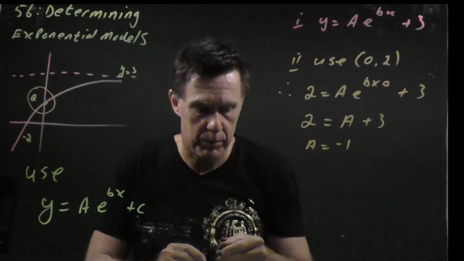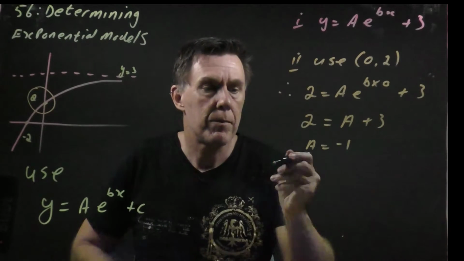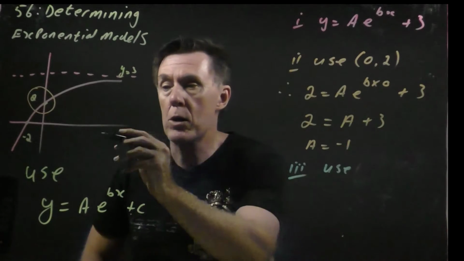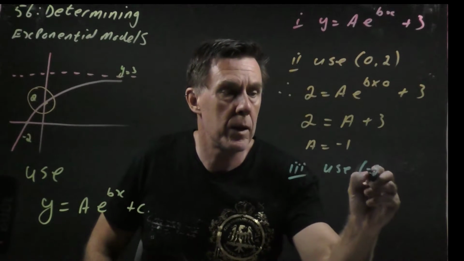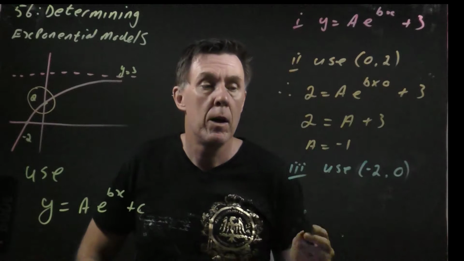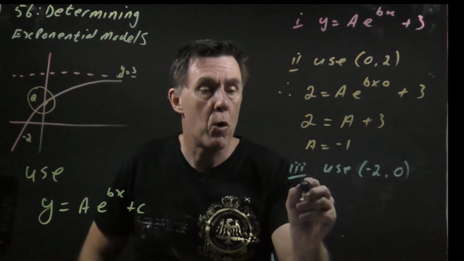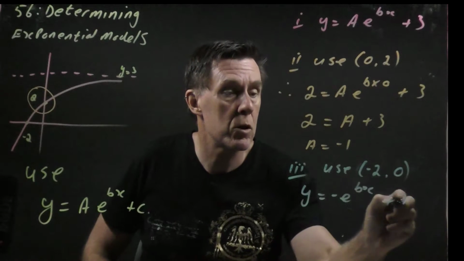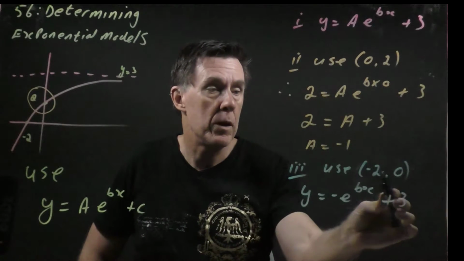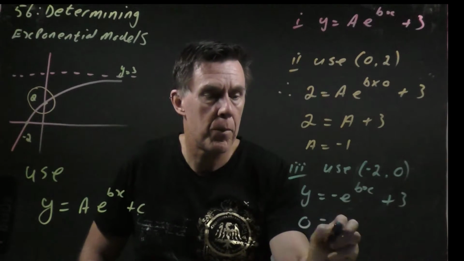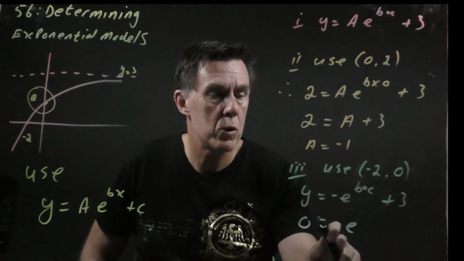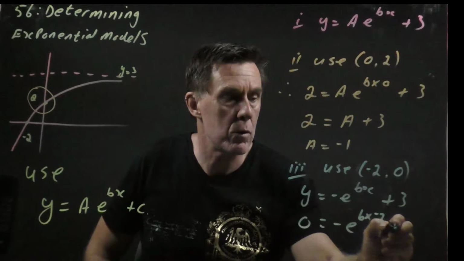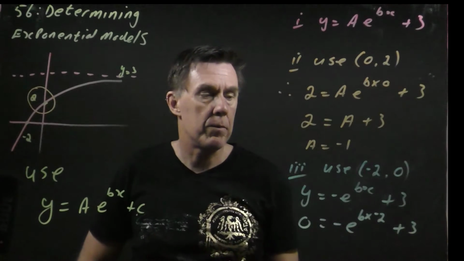That's very important. Now, next thing we need to do, we use our last bit of information. We're going to use this last bit, which is the point -2, 0. Substitute that into what we already know. We already know y is equal to -e to the bx plus 3. Let's substitute it in. Y value is 0. -e to the b, we don't know b's value, times by -2 plus 3.